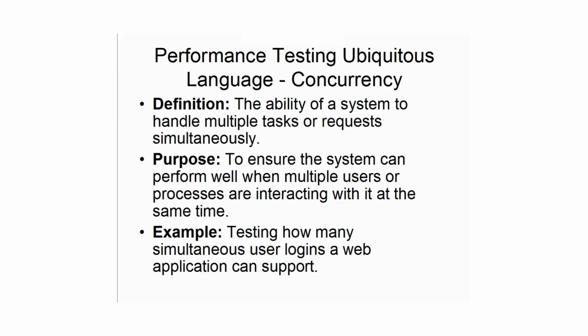Not only user logins, but also how many requests, for example, how many report generations, or if the application has some kind of listing of products, how many users the application could support in order to perform well when listing a larger number of products.